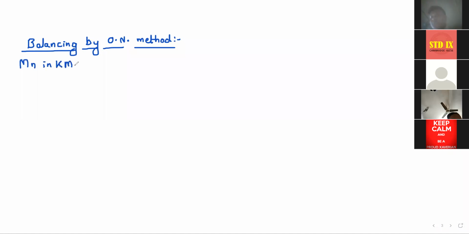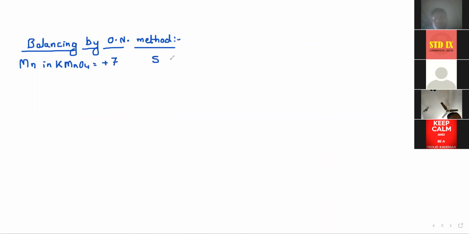Balancing by oxidation number, also called the ON method. Now, you know what we mean by oxidation number. We have discussed it. Anyway, the oxidation number of Mn in KMnO4 is plus 7.